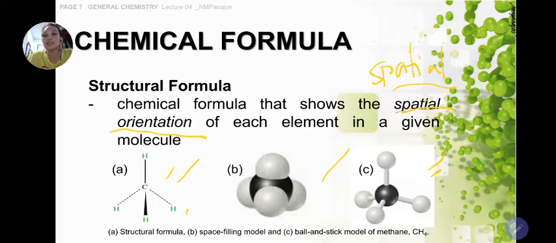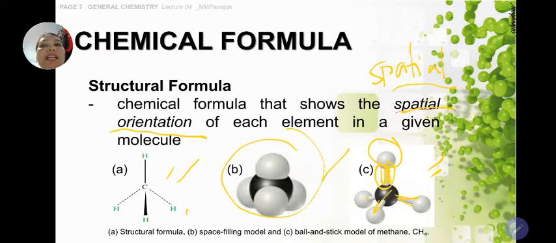The ball and stick model shows the atoms as spheres and bonds. Ito yung spheres natin and bonds as sticks, while a space-filling model depicts what the molecule would look like if the atoms were scaled up in size. So, ito medyo zoom out siya dito sa space-filling model. Kasi hindi na pinapakita yung mga bonds.